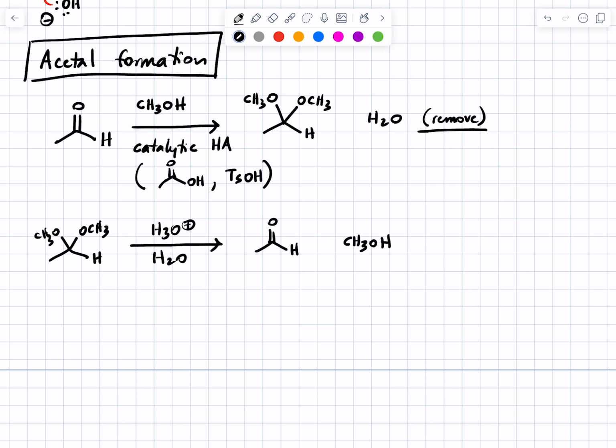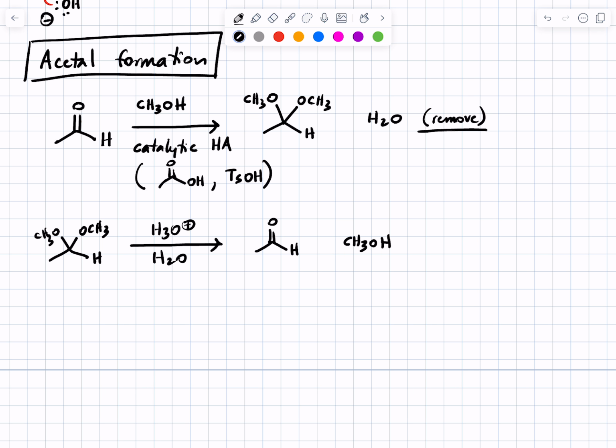If you are thinking by analogy to imine formation, for the imine we called that a carbinolamine. For acetal formation, this molecule has a specific name that's going to come up in a lot of different places, and that is hemiacetal, meaning halfway to an acetal.